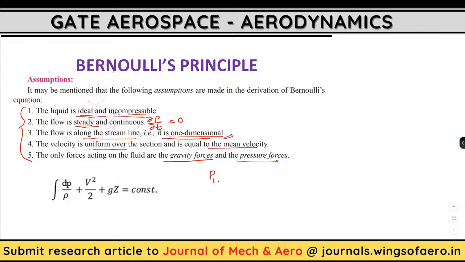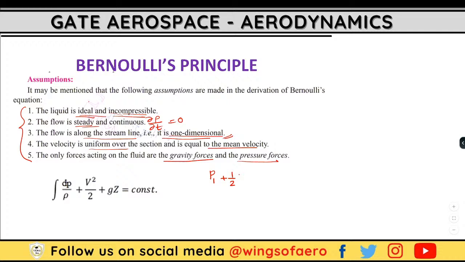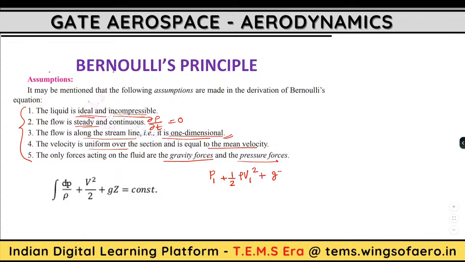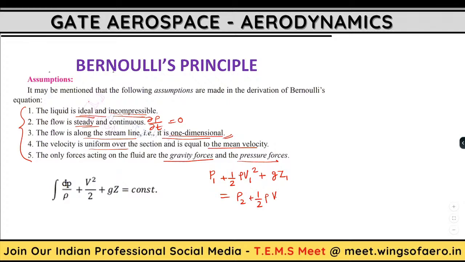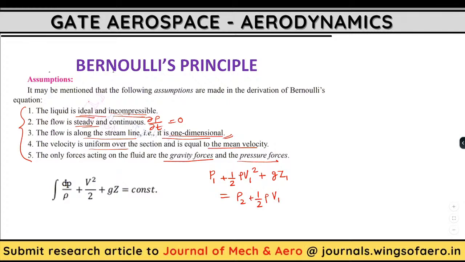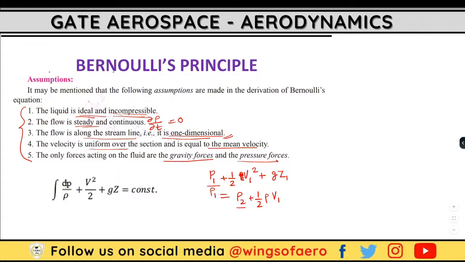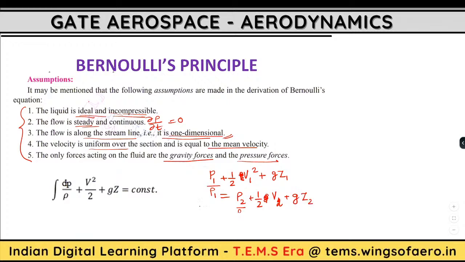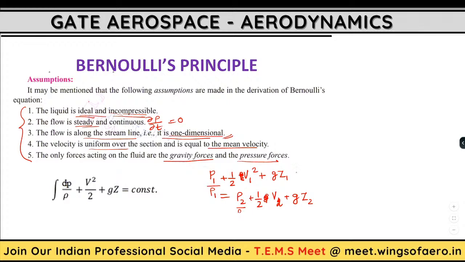Write the formula E1 plus... the potential function, the kinetic function, the datum function, all will be zero.